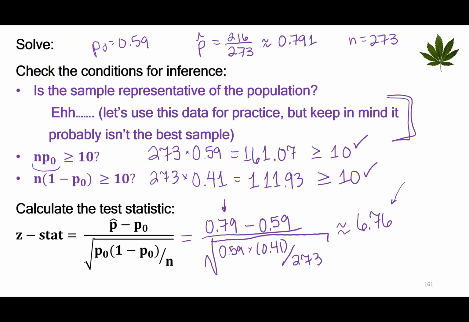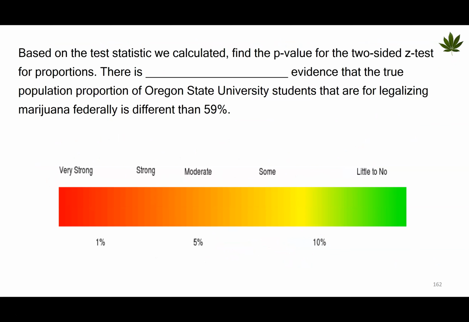If you use the table, you can pretty much conclude that it's less than 0.0002. But, I mean, it is going to actually be even smaller than that. So, based on this, the p-value is less than 0.0002. It's honestly less than 1 in a million. It's really, really small.